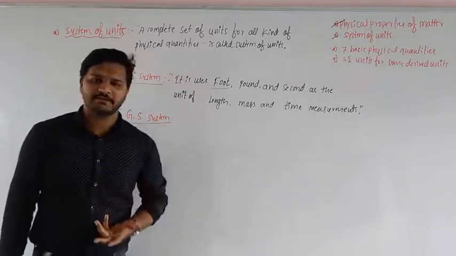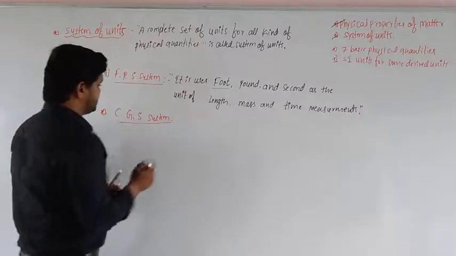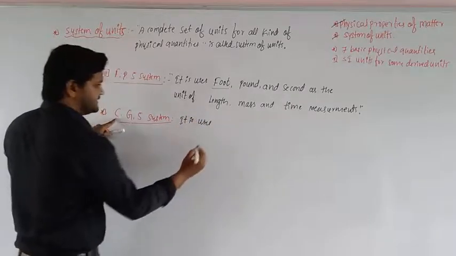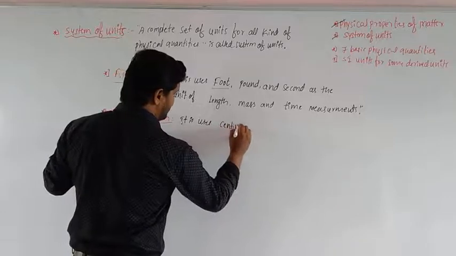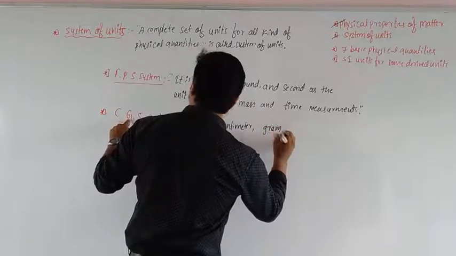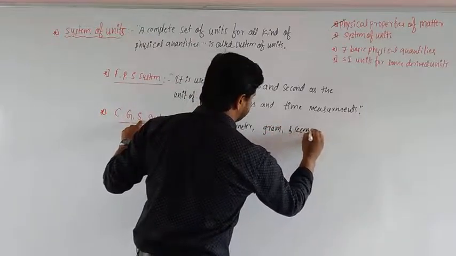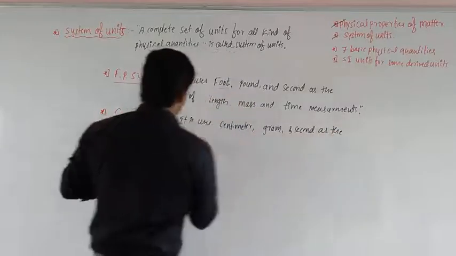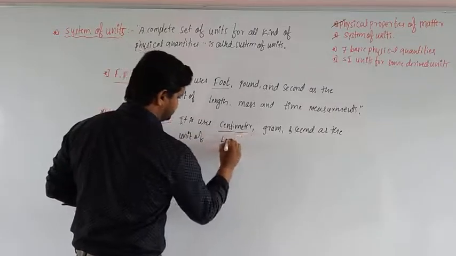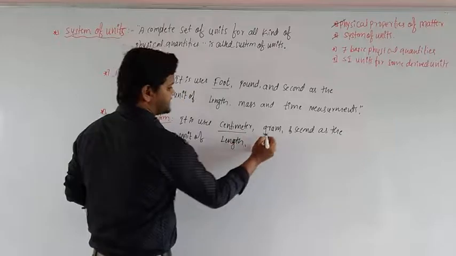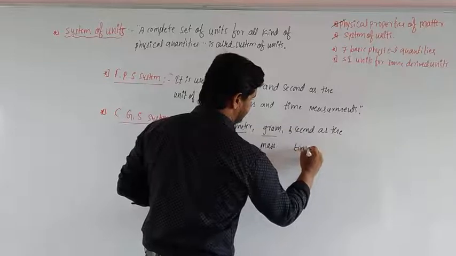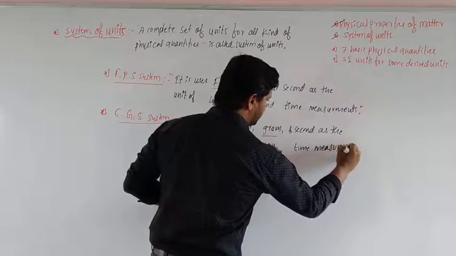And yes, second. The second system is the CGS system. It uses centimeter, gram and second as the unit of length, mass and time. Centimeter is length, and next gram is mass, and second is time.